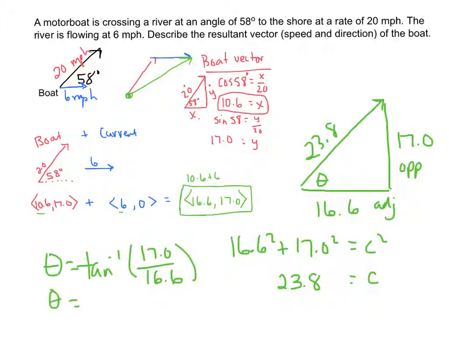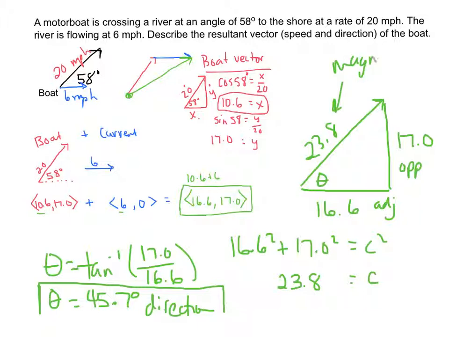And that gives me an angle of, I'll type it into my calculator here, and I get 45.7 degrees. So I have my magnitude and my, oops, sorry, that's not magnitude. This is the direction. I have the direction and the magnitude. And we're done.